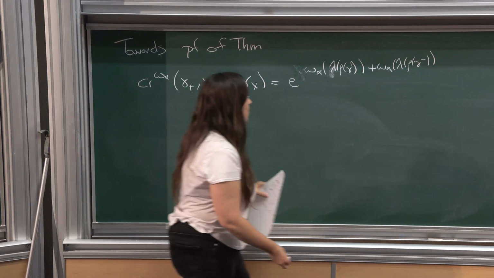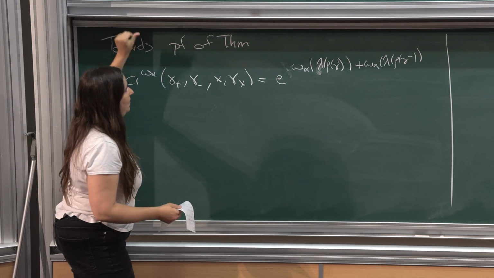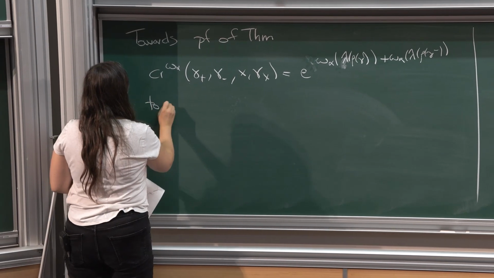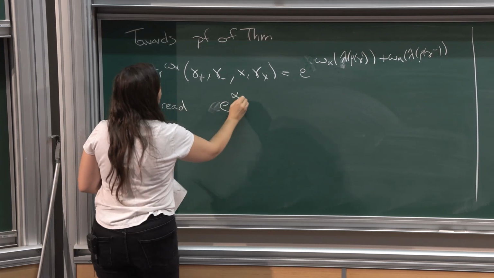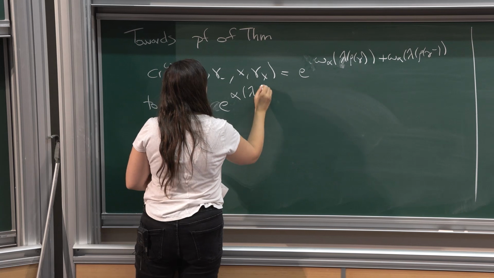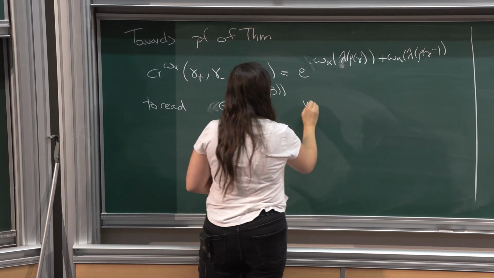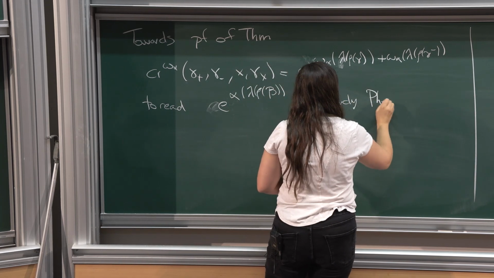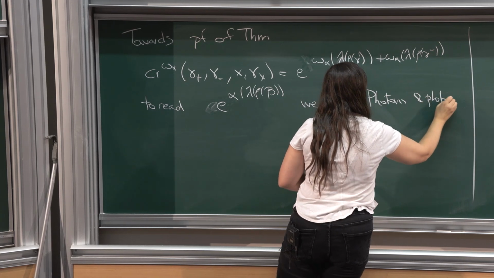These are an important object that I was hoping at this point of having more Lie theory to tell you more. So to read e to the alpha of lambda of rho of beta, we study photons and photon projections.